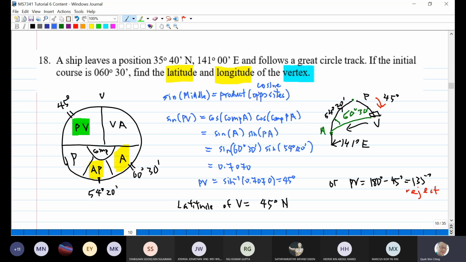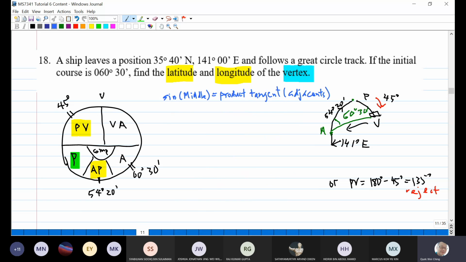I should mention this because sometimes I forget. So maybe I will WhatsApp this to you again. Okay, so I continue. Tangent of adjacent now.